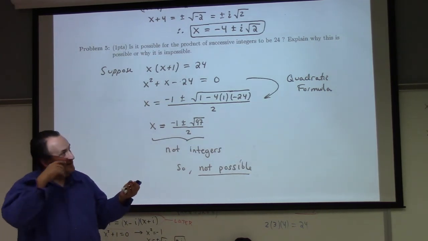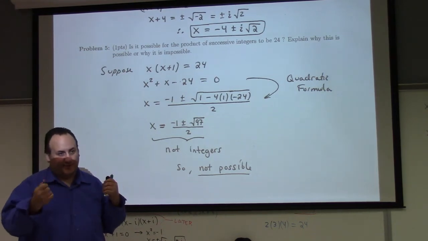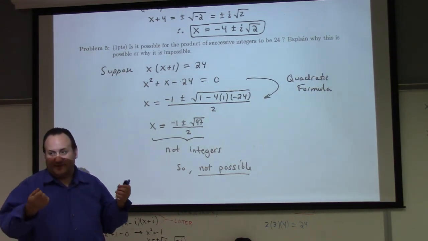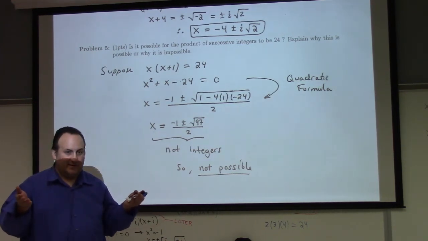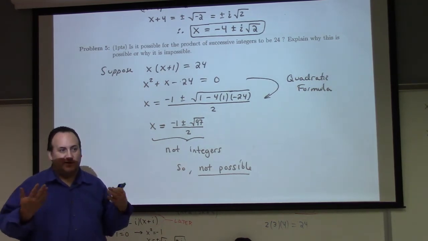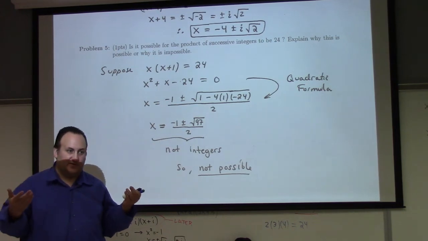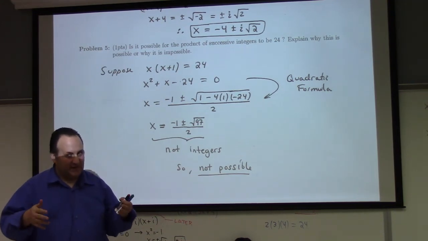You said 24 has factors like 1 and 24, or 2 and 12, or 3 and 8, or 4 and 6, and none of those numbers are successive integers. And those are all the possible ways of factoring 24. Therefore, no, 24 is not the product of successive integers. Now, you didn't say it quite that logically complete, but that was your idea, reading between the lines.